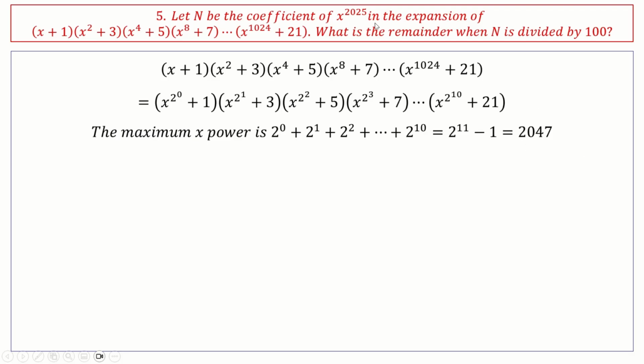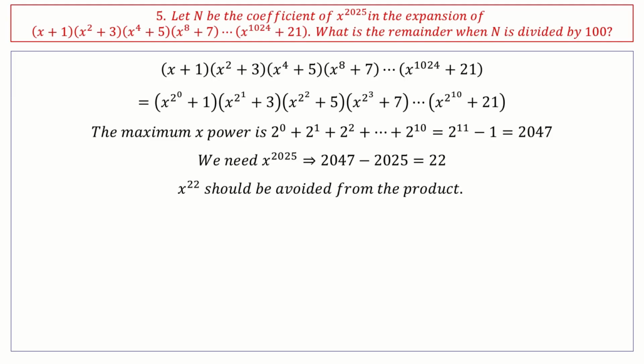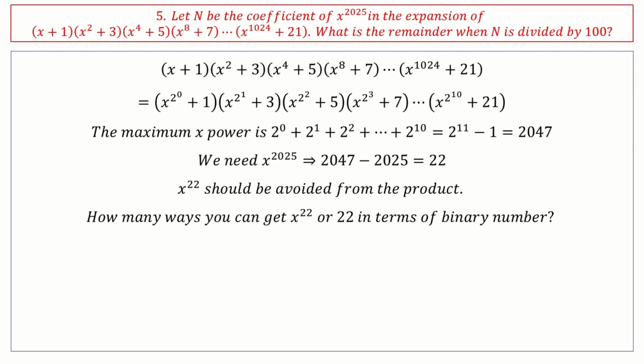Now I am looking at 2025, so I should subtract 22, basically remove x to the power of 22 out of it. How can I get x to the power of 22? As I said, these are binary numbers. 22 can be obtained in only one way, that is 10110 in binary.